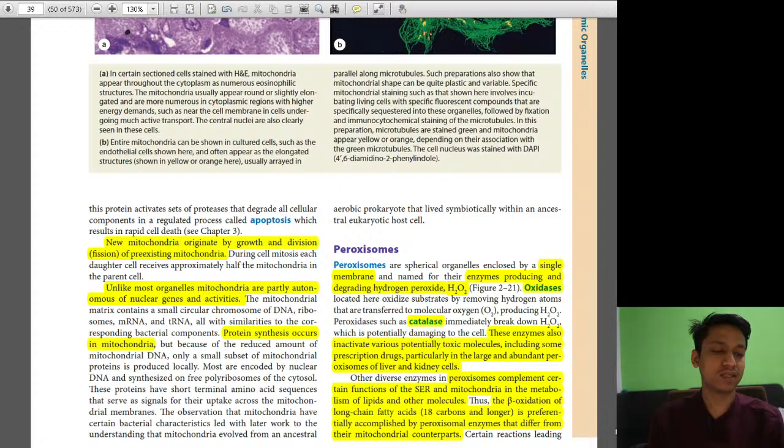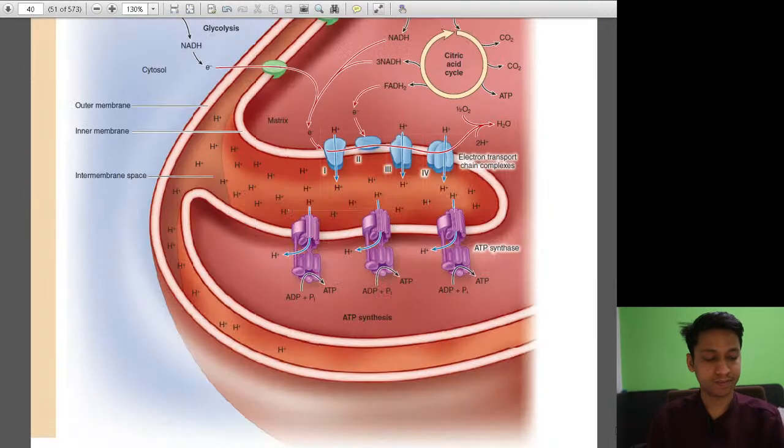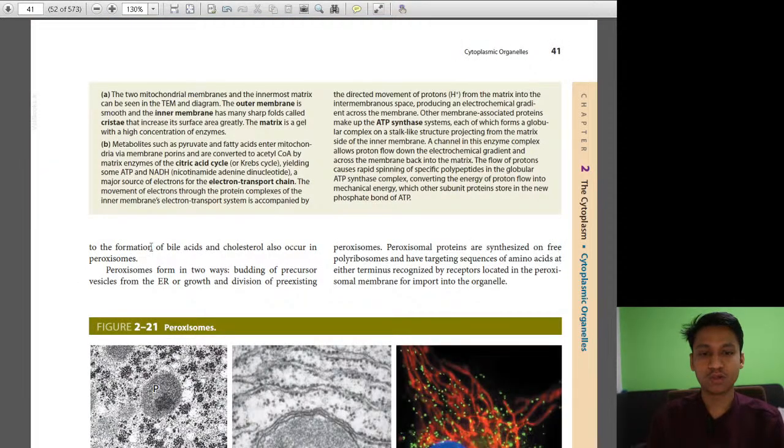Certain reactions leading to the formation of bile acid and cholesterol also occur in the peroxisome. This is one more function: the formation of bile acid and cholesterol happens in the peroxisome. Bile acid and cholesterol are forms of lipids only.